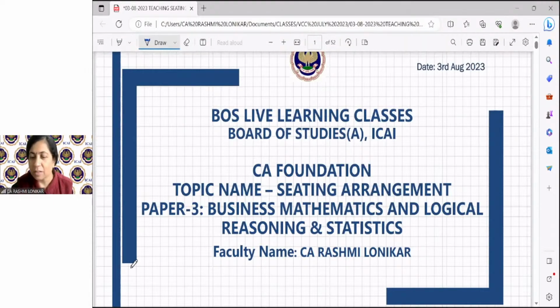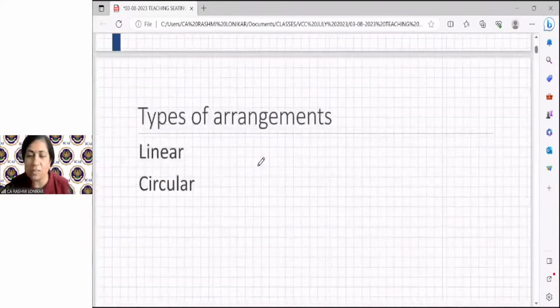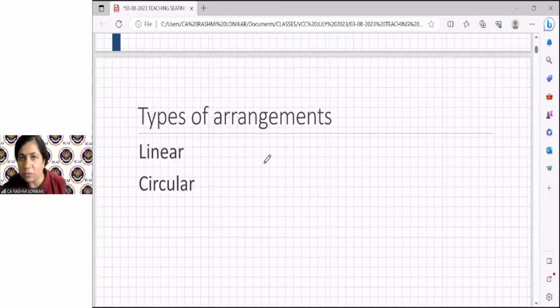Now what happens in seating arrangement is that all these are very logical, and these topics are there to improve your logical reasoning. In that, we have to understand that we have two types of arrangements which we are dealing with today. One is called linear, and the other is called circular. So what does linear mean? It means I am making people stand in a row.